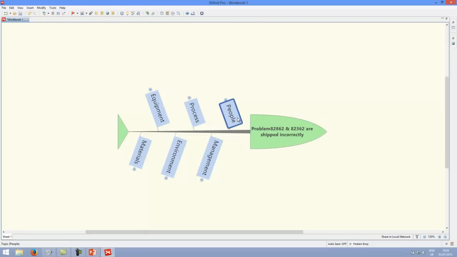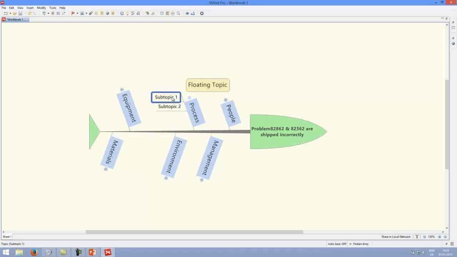That could happen because of people, process, equipment, materials, environment, management. Well, based on what we've seen, we may think that the problem could be related to process. What could be actually happening here is that the people may be ordering the wrong component.